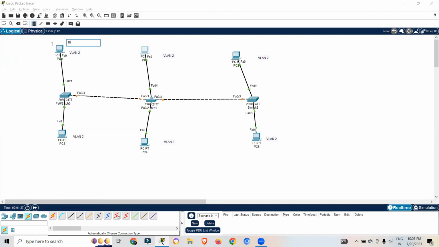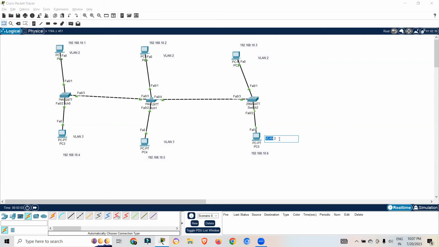The IP addresses are 192.168.10.1, 192.168.10.2, 192.168.10.3, 192.168.10.4, 192.168.10.5, and 192.168.10.6. And this is VLAN 3.